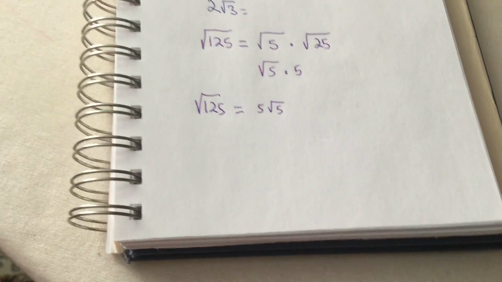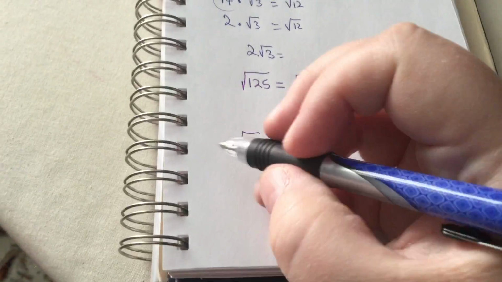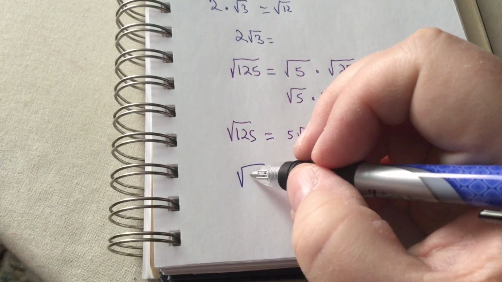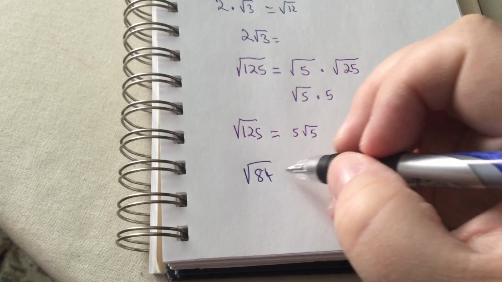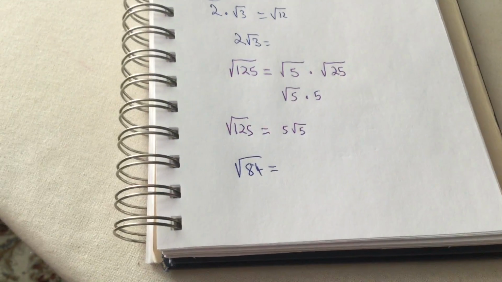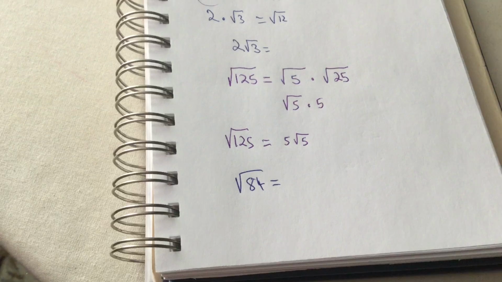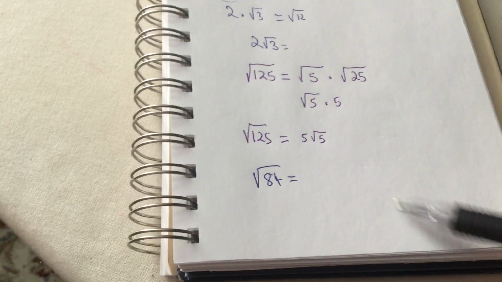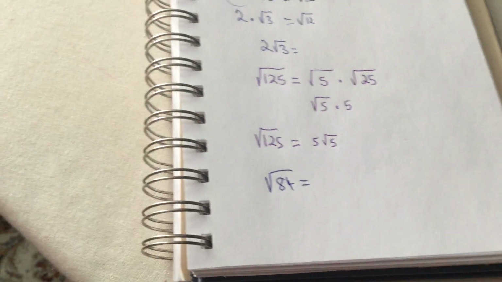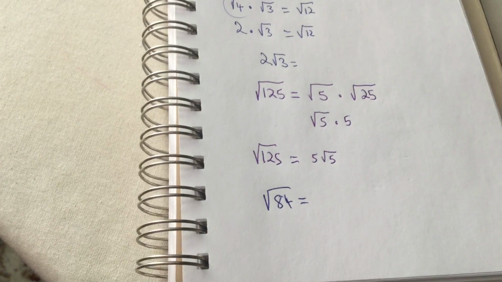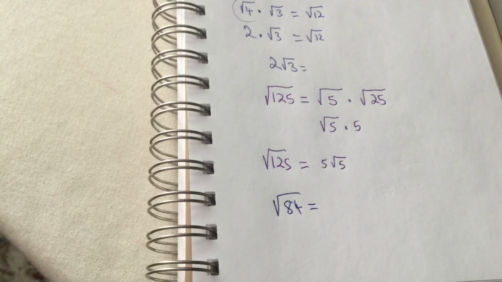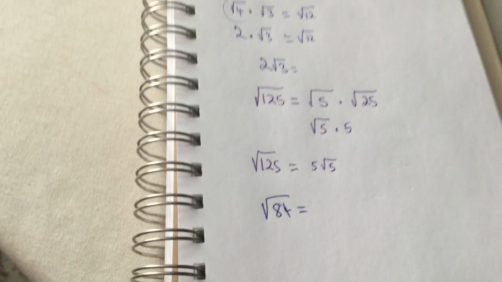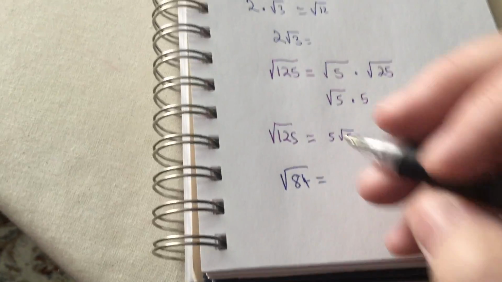Okay, how about, this will be the last example we do on this one too. Square root of 84. Ugh, I don't know what's in 84. Well, here, I'm going to divide by 2 and see what I get. I mean, I know it's even, right? So I'll divide by 2. 84 divided by 2 is 42.